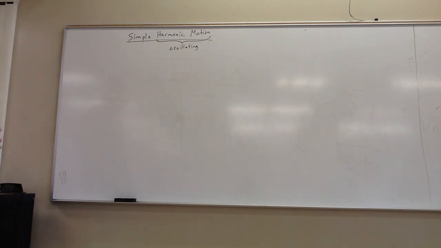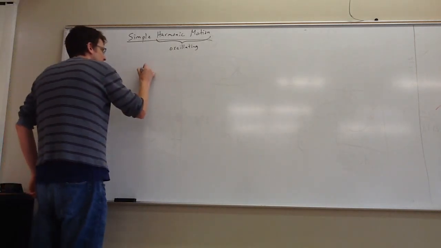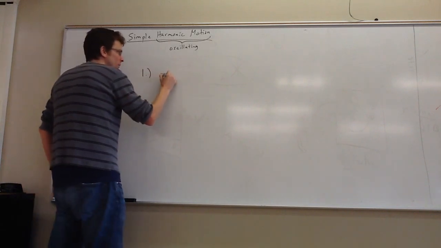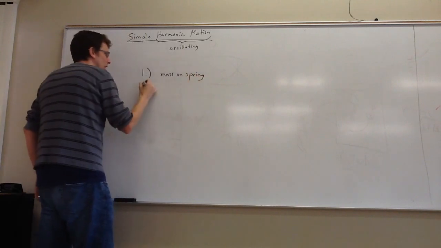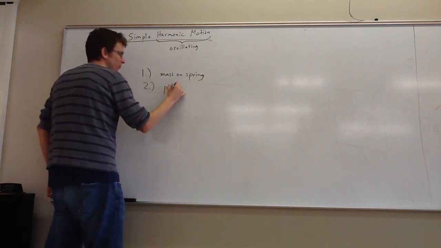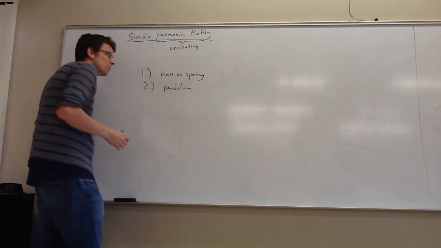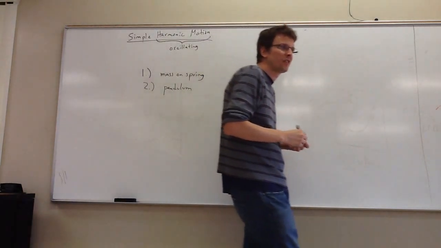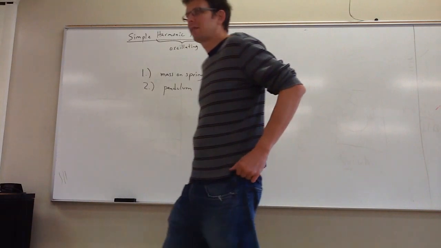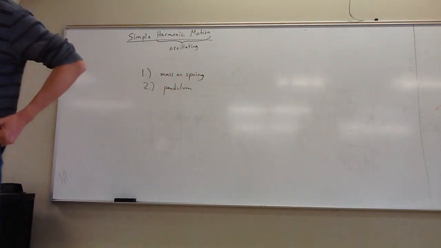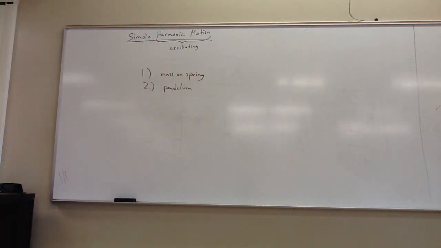We will be taking a look at two systems. One is the mass on a spring, and one is the pendulum. You may recognize these are the same two systems that we explored in the lab. The mass on a spring system is a true simple harmonic motion system. The pendulum sort of is, but not quite.